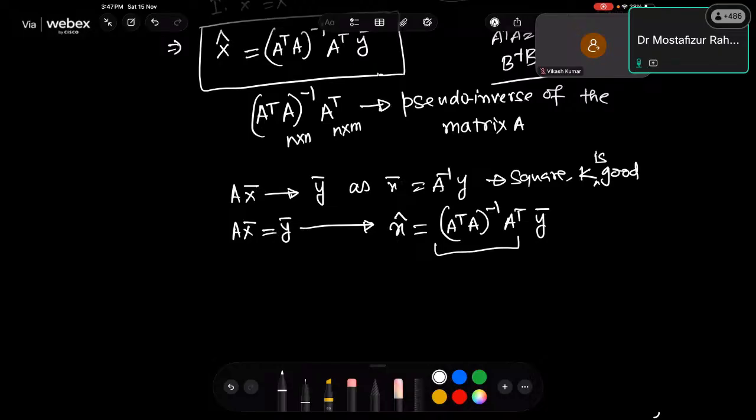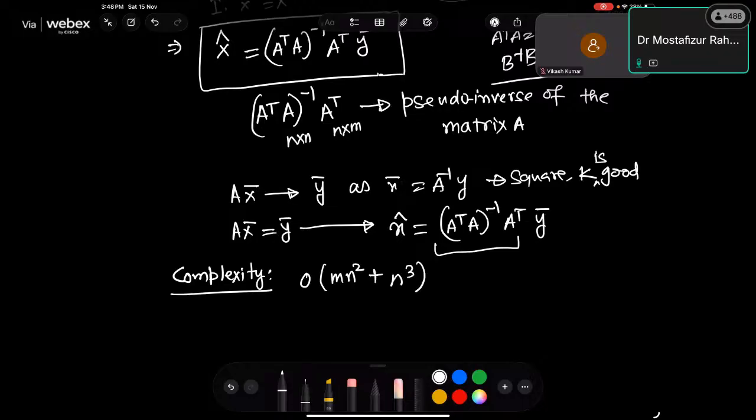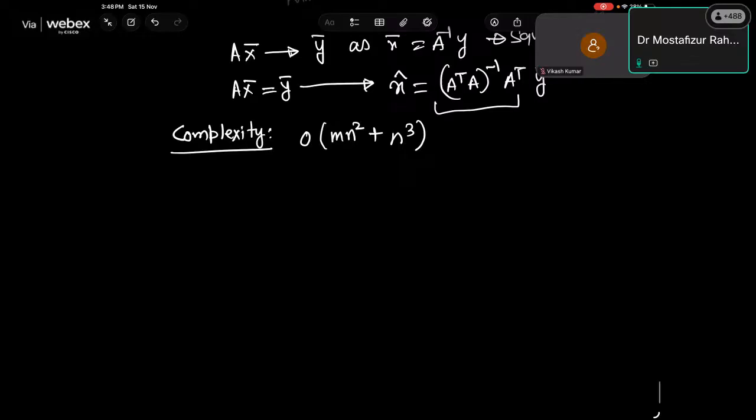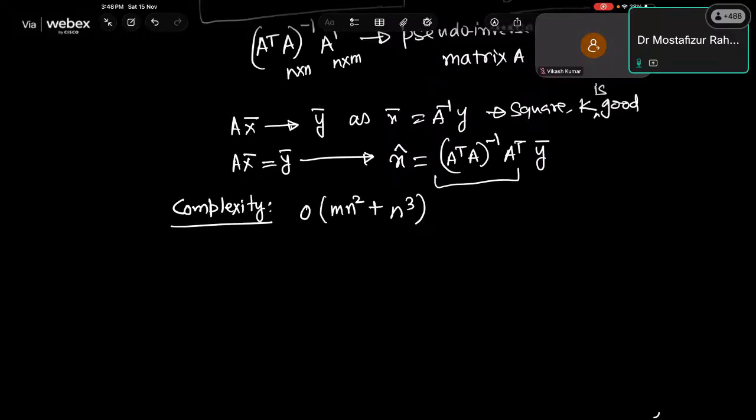So what is the complexity of this? The complexity is order of mn squared plus n to the power 3, right? If m and n are equal, then it is roughly order of n to the power 3.